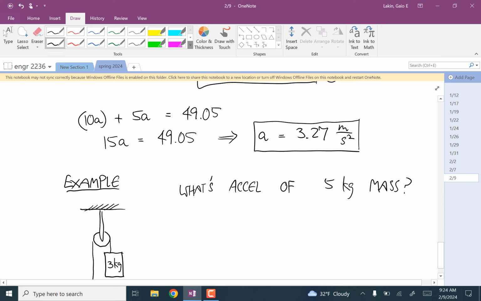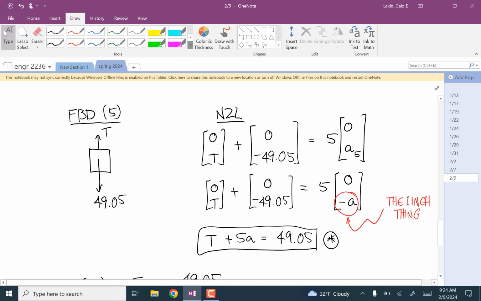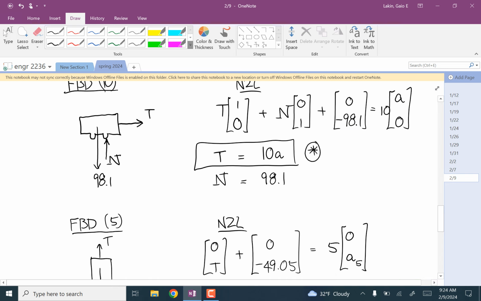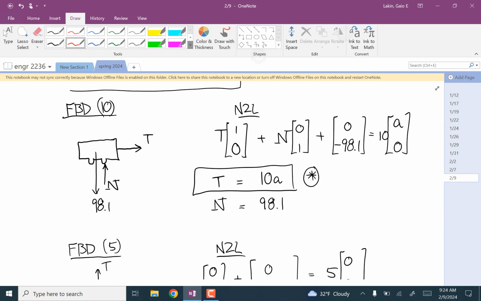Like, really, we want the acceleration vector from this last example. You can always get that by substituting it in. When you use Newton's second law, you've always already determined what the acceleration vector is. You just have to solve for that variable.